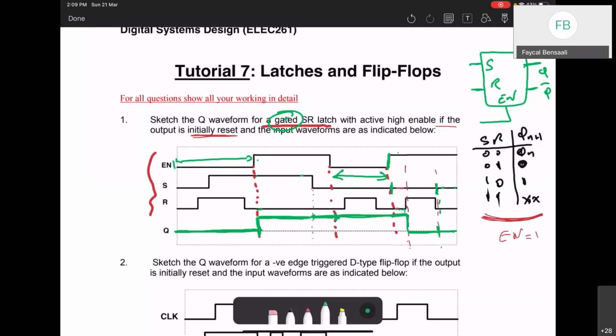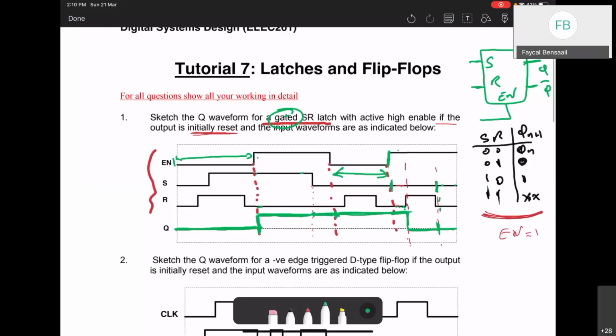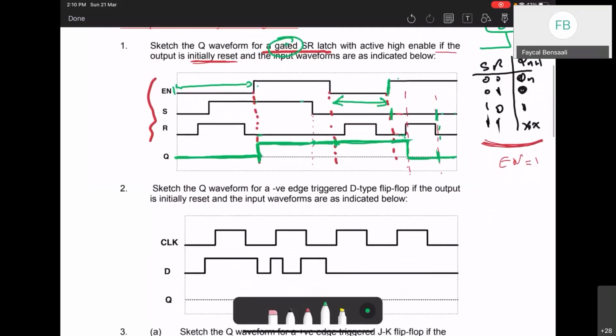If En is 0, we don't care about S and R, and the output doesn't change. And then if En is 1, we check S and R and use the truth table, and we update the Q according to the truth table. As simple as that. I hope this is clear.